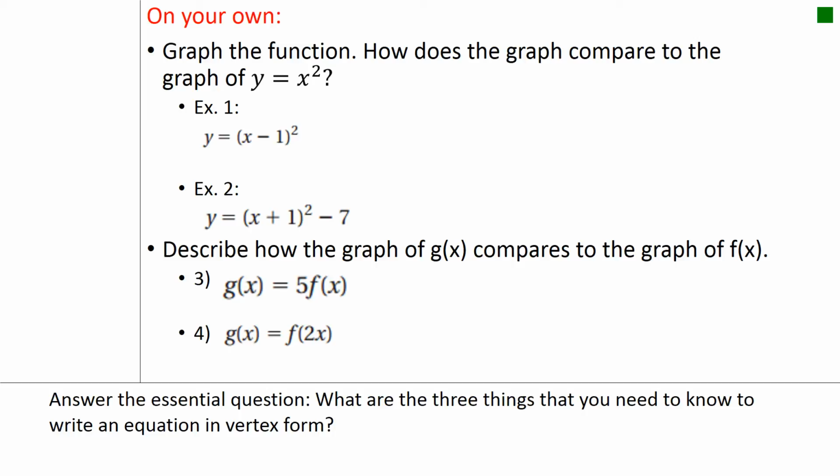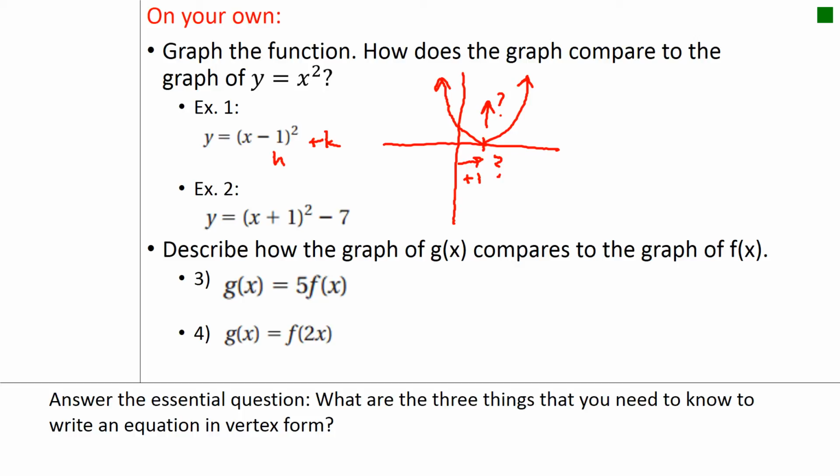Okay, example 1 looks like this. Where the vertex is moved over 1. And that's because we see this x minus h. Okay, we don't have to worry about a k because it's not moving up or down. Just this h.